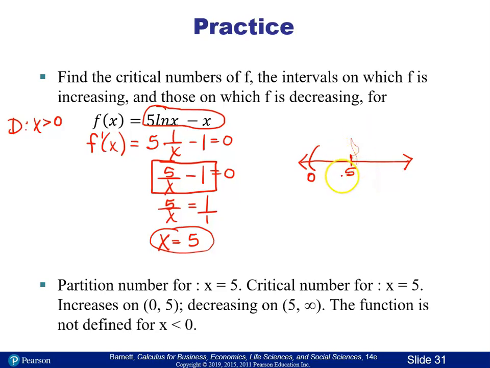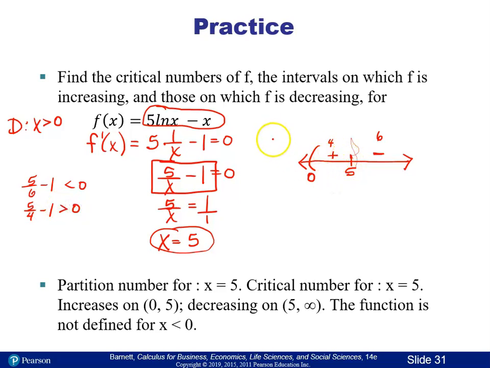So we're going to look at plugging into this first derivative. If I put like 6 into the first derivative, that would be 5 over 6 minus 1. Well, 5/6 minus 1 is going to be negative. If I put maybe 4 in, that would be 5/4 minus 1. That's going to be positive.